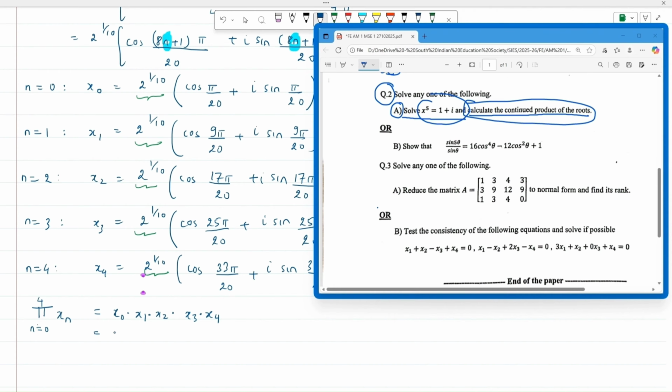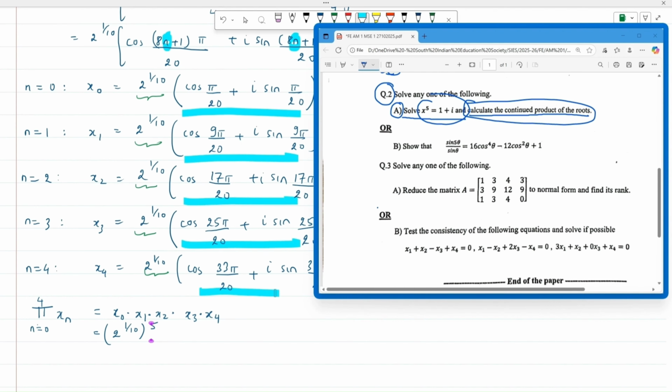So we will have 2 raised to 1 by 10 raised to 5, since it's going to be multiplied 5 times. And then for the next part, it is going to be the cos and sine polar form multiplied across the roots. The easier way to do this is, first find an angle, call it phi, and take the sum of all the arguments.